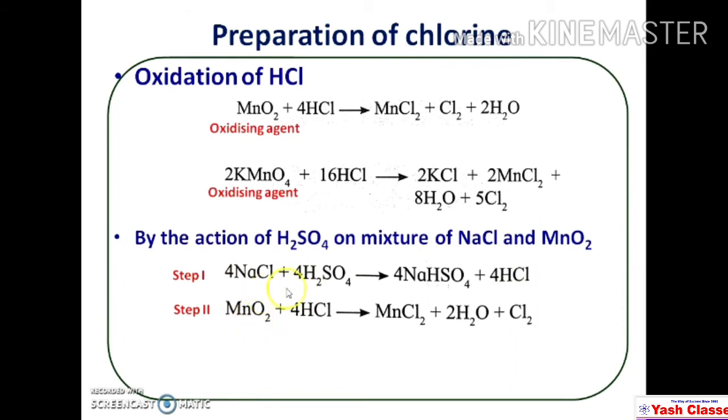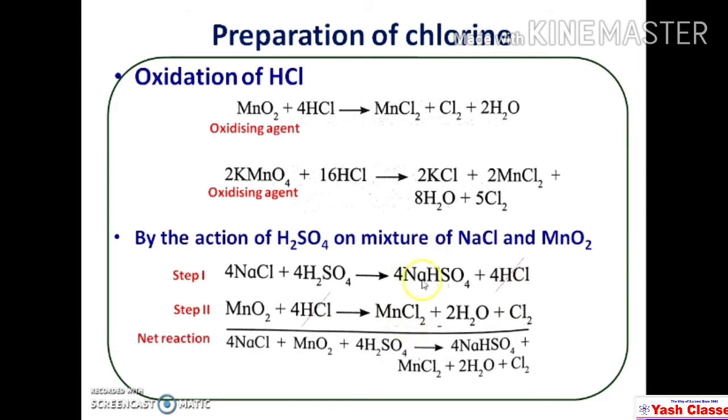So manganese dioxide which is present in mixture, it combines with hydrochloric acid which is formed in step 1 and there is a formation of chlorine gas. Now overall reaction is addition of these two steps. When we add these two steps, these 4HCl, 4HCl, they cancel with each other and therefore net reaction will be 4NaCl plus 4H2SO4 plus MnO2 gives 4NaHSO4 plus MnCl2 plus 2H2O plus Cl2.